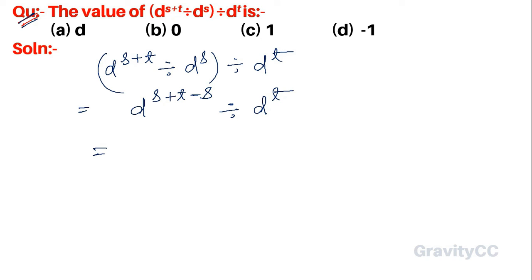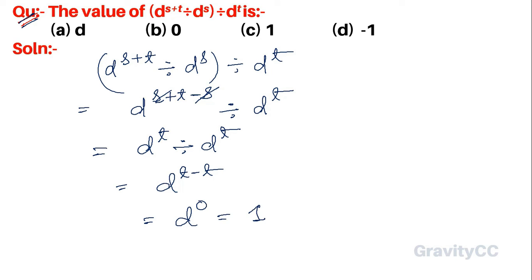Here s cancels, so d to the power t divided by d to the power t is equal to d to the power t minus t. So d to the power 0 is equal to 1. Answer: option C is the correct answer.